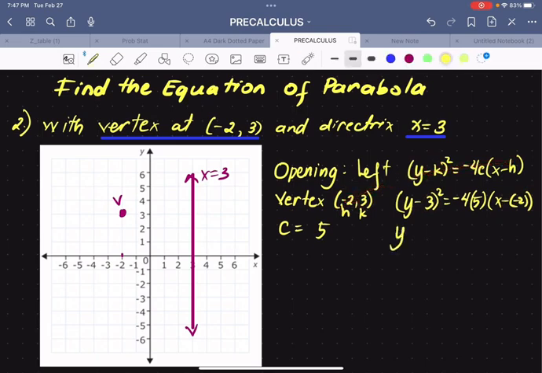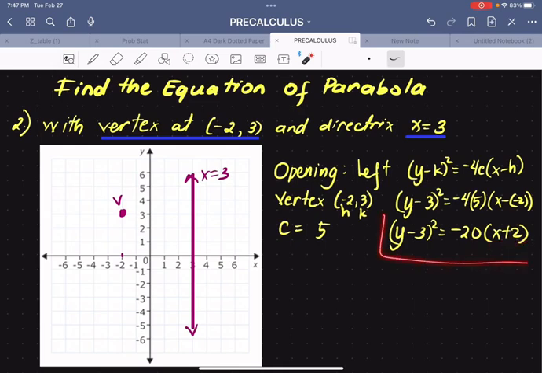So, the equation will become y minus 3 quantity squared equals negative 20, because negative 4 times 5 is negative 20, times x plus 2. Why x plus 2? Because minus negative, that is equivalent to plus. So, x plus 2. So, this is now the equation of the parabola with vertex at negative 2, 3, and directrix x is equal to 3.